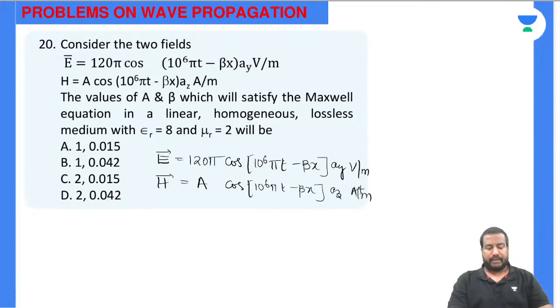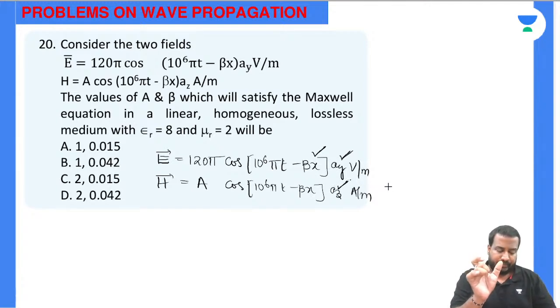Very clearly, the wave is propagating in the positive x direction with electric field along y direction and magnetic field along z direction. When you see this equation, Bhupati, listen carefully. You must be able to imagine the wave.